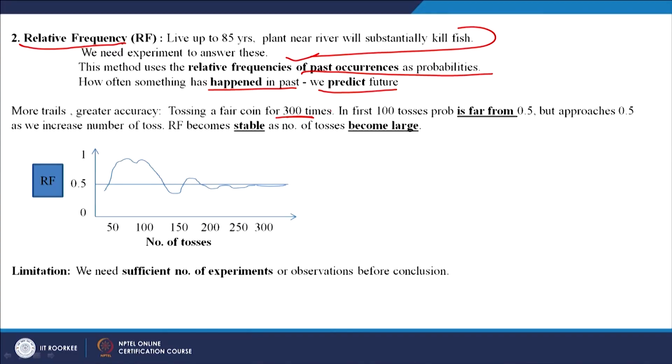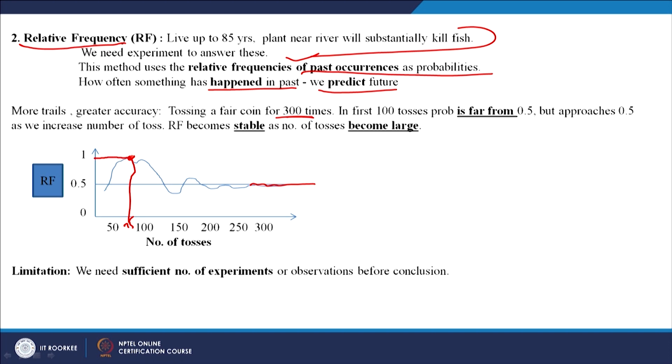Let us say you are finding the probability of getting heads. If you toss a coin, you may get tails, is not it? The second time again you may get tails. But if you toss a fair coin, let us say 300 times or 1000 times, then over a period of time the probability of heads, or the probability of tails, would be stable, and that would become 0.5. If you look at the first few, let us say 75 trials, what is the probability here?